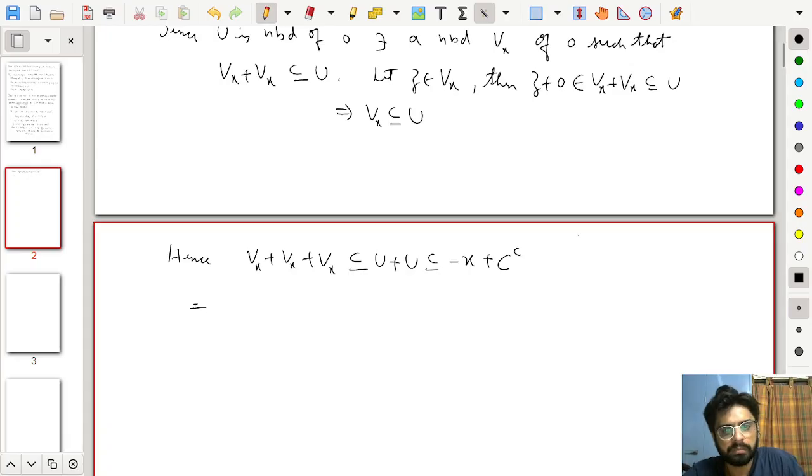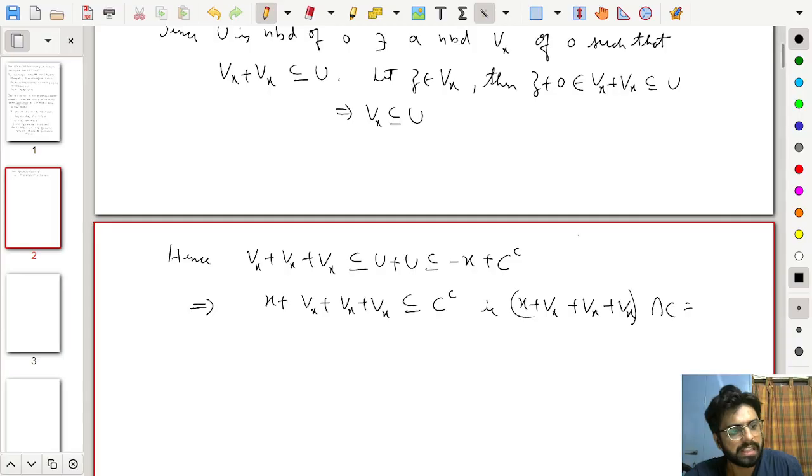This implies x plus V sub x plus V sub x plus V sub x is a subset of C complement. That is, x plus V sub x plus V sub x plus V sub x intersected with C is empty. This is what it means.